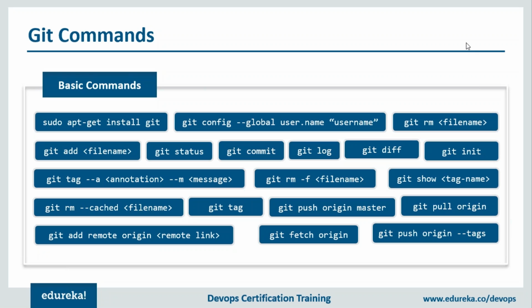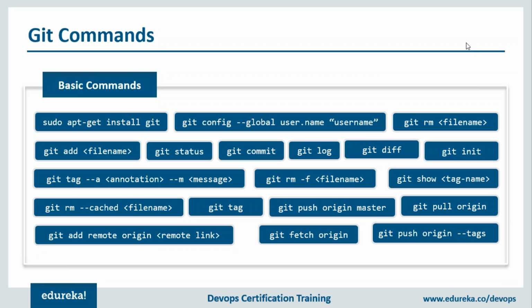Git rm -f file name is to forcefully remove the file that is present in the staging area. Similarly, git show tag is to just show the tag that you're using. And then moving on, we have git rm --cached file name, that is to remove from the cached area. Also, git tag is to create a tag. Git push origin master is to push your local repository to the remote repository. Git pull origin is to pull the data in the remote repository to the local repository.